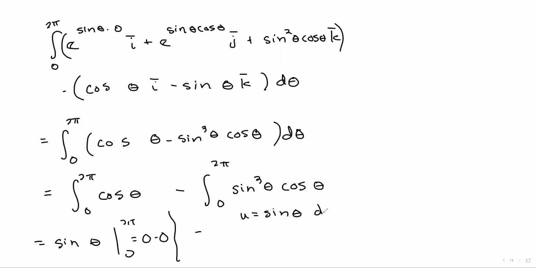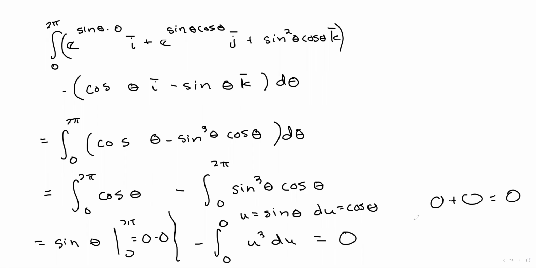U equals sine theta, du equals cosine theta. Don't forget that negative. Take 0, plug it into sine, you get 0. Take 2 pi, plug it into sine, you get 0. And so this is the integral from 0 to 0 of u cubed du, which is 0. So we got 0 from our first integral, 0 from our second integral, 0 plus 0 equals 0. And so we get 0.